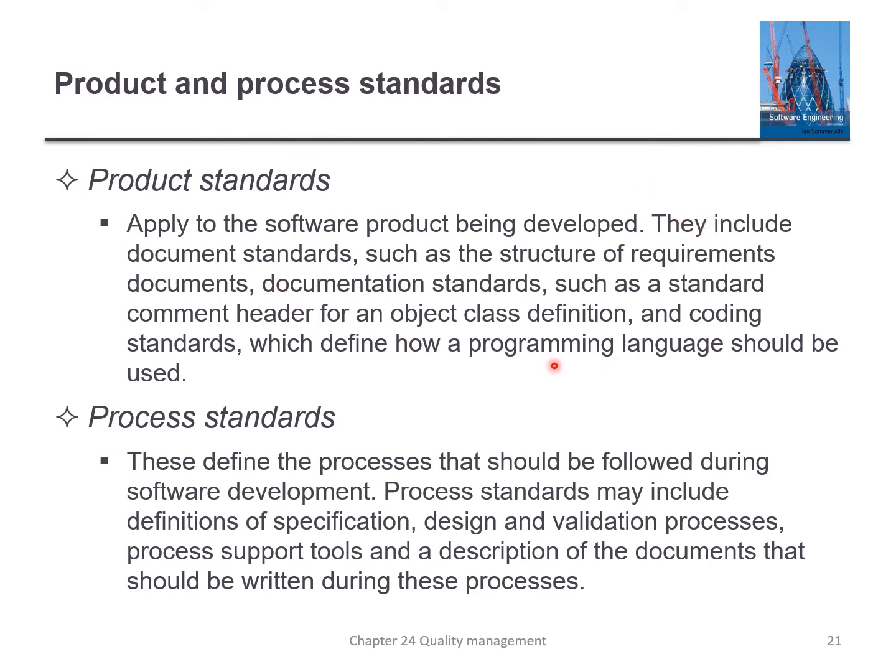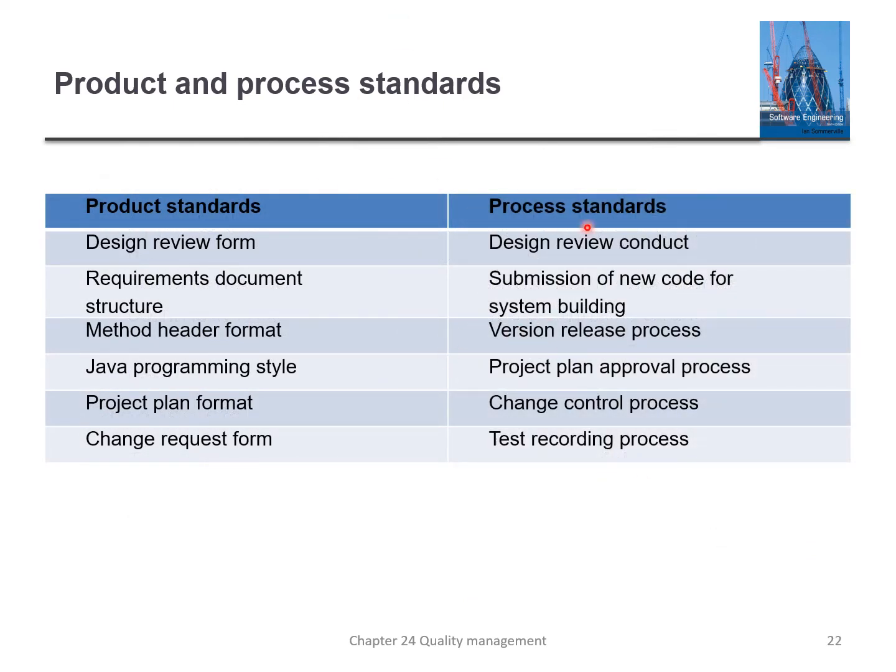Process standards, on the other hand, are related to the processes that the developer team follows, for example, what processes you follow for specification and designing, or if you are using certain tools, what the suitable tools are that you should be using, and so on. So these are some ideas to differentiate between product standard and process standard.